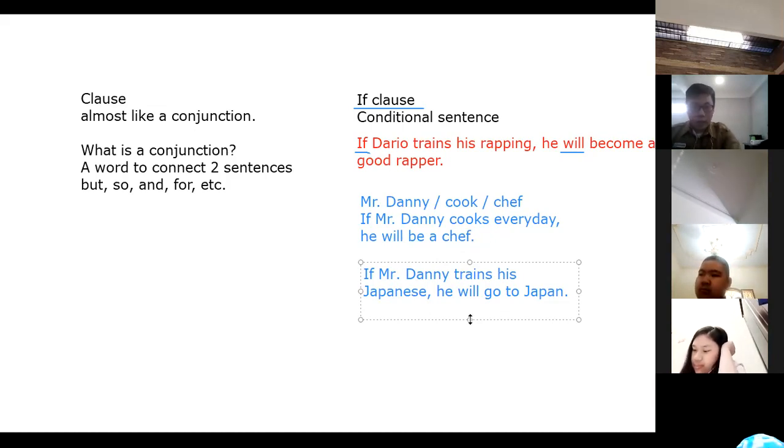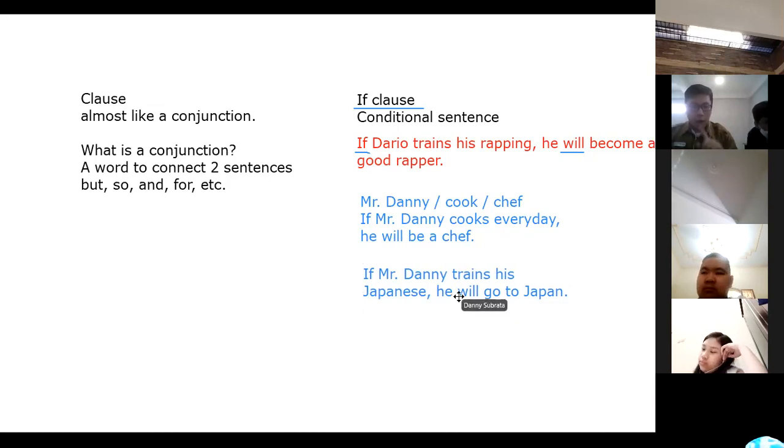Maybe later. Okay, so until here, do you have any other examples that we can use? You can put it in the chat like Jeff just did. He will go to Japan. Mr. Dani will go to Japan if he trains his Japanese.